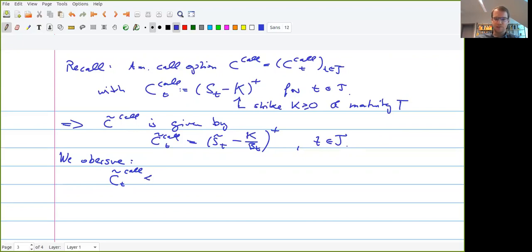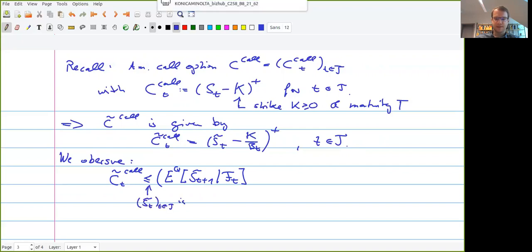So I can estimate it from above by saying, the discounted price S tilde t is, by the martingale property, the conditional expectation of the discounted price at time t plus 1 given F_t, since it is a martingale. And instead of subtracting K divided by B_t, we divide by B_{t+1}.